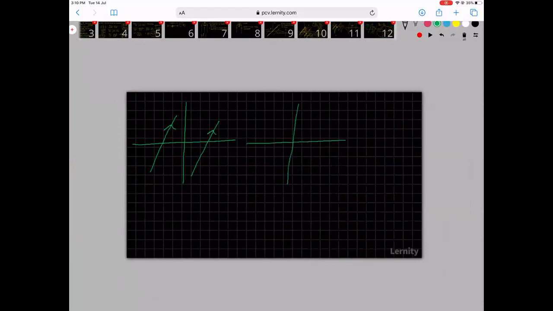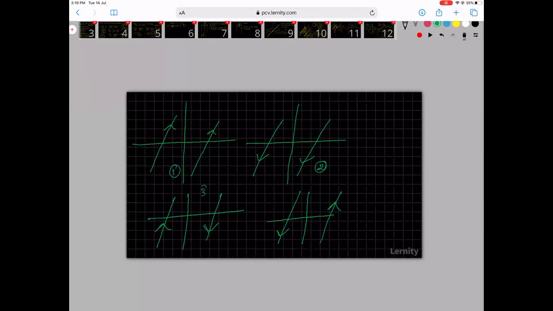Question number 2, both currents in this direction. Question number 3, one current this way, one current this way. Question number 4, one current this way and one current this way. Can you please work out on these 4 questions separately and draw the graphs?